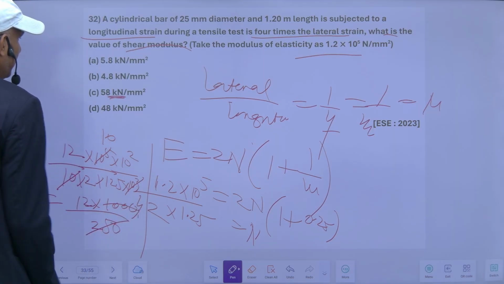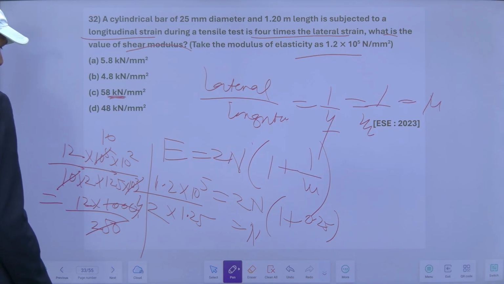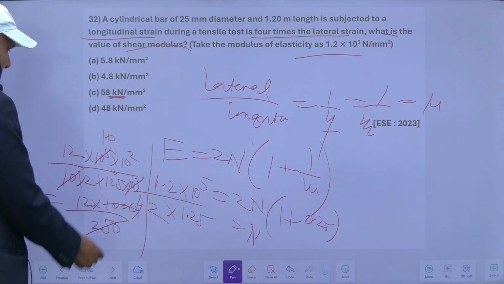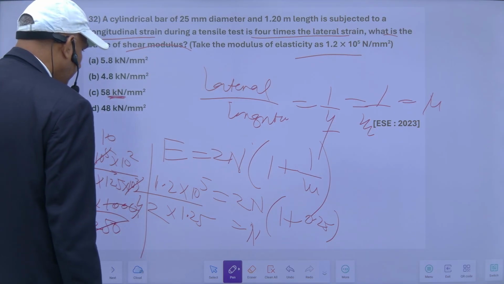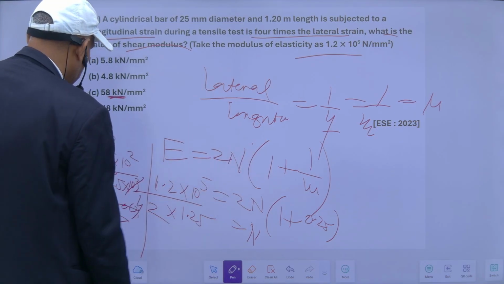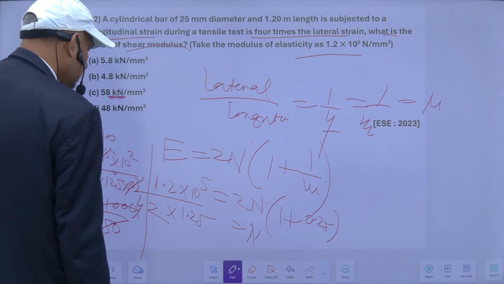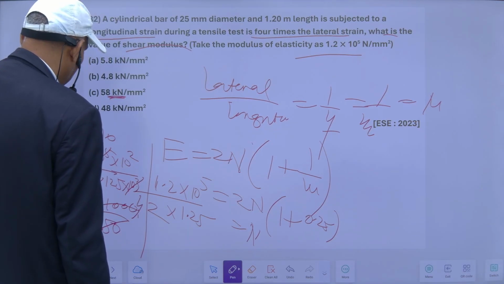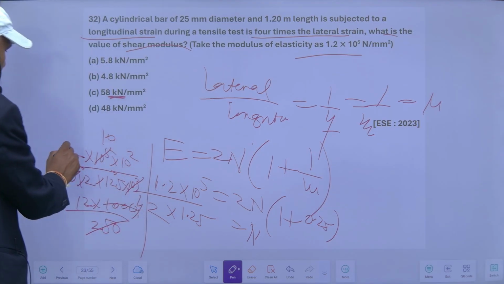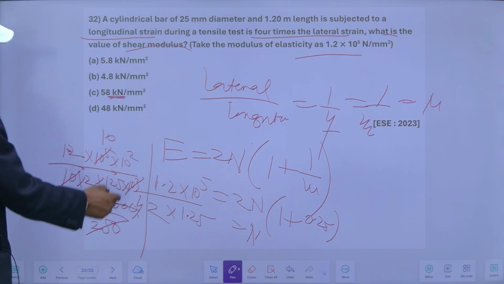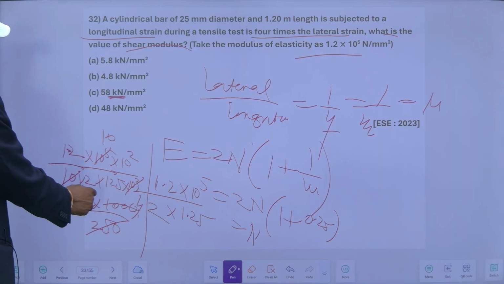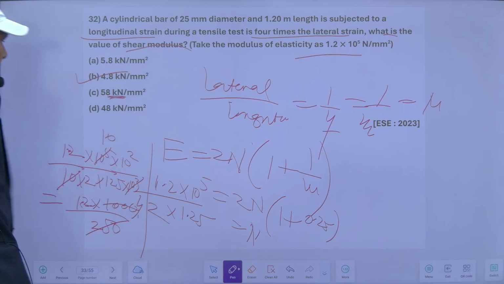So 12 into 4 means, I think some mistake is there. This is 1.2. So you will get 4.8. So this is the correct answer.